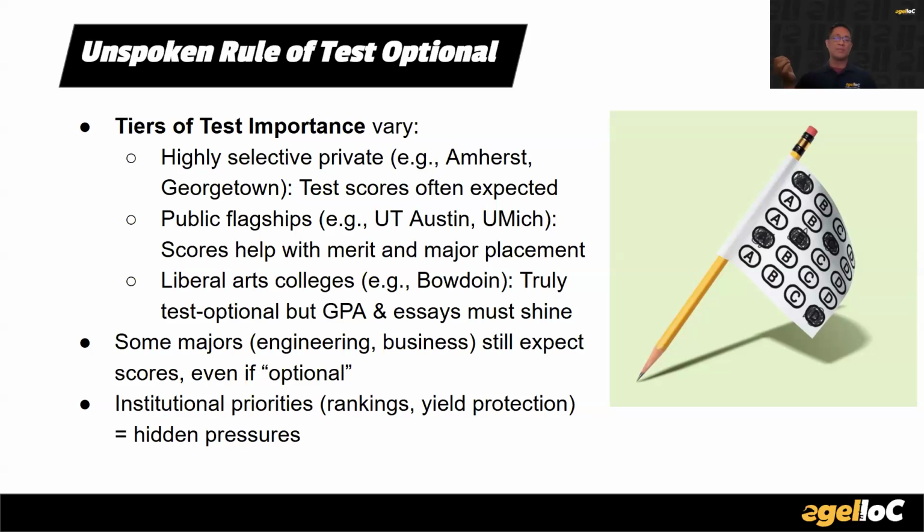When we're talking about yield protection, they're asking which students, if they accept them, are really going to actually accept the acceptance, okay? And the students that are high with respect to test scores usually have more of an inclination of that, okay? All right.